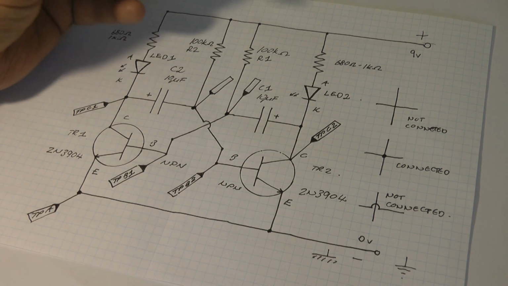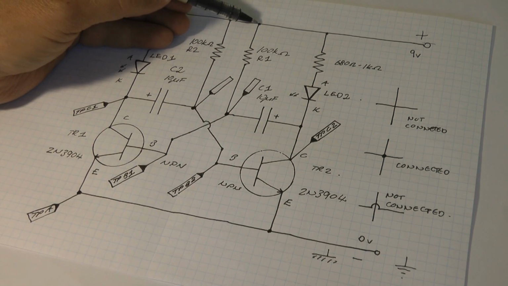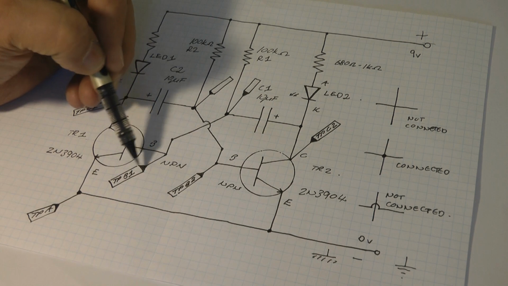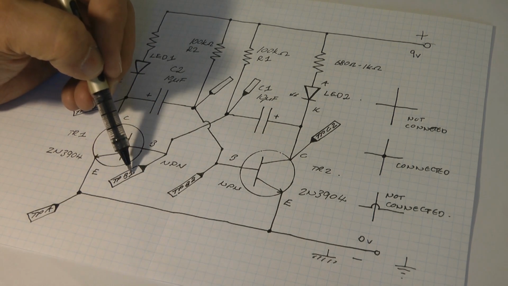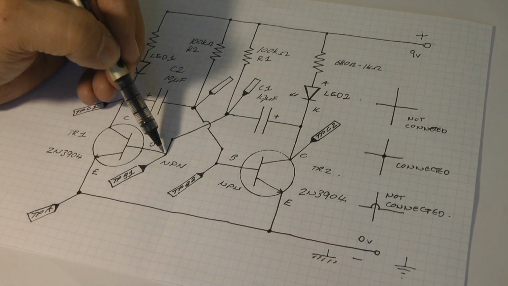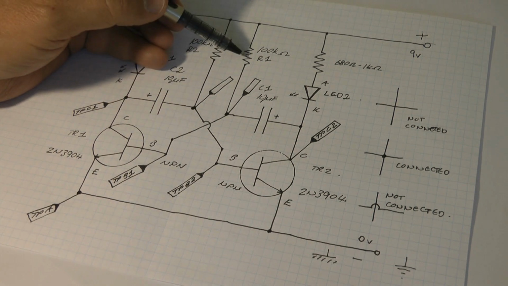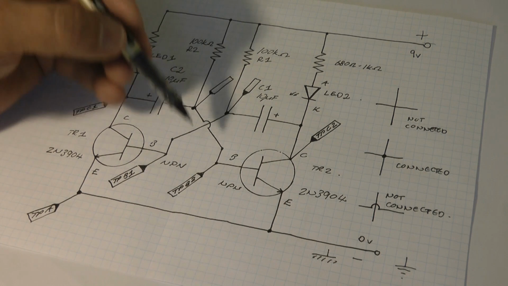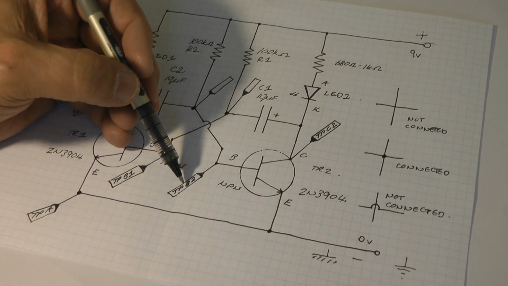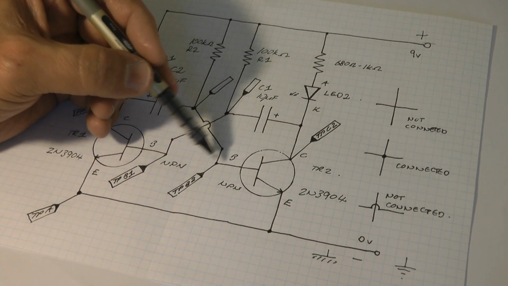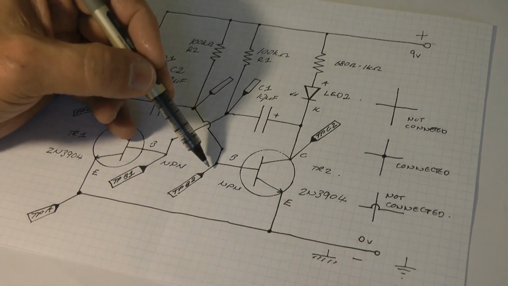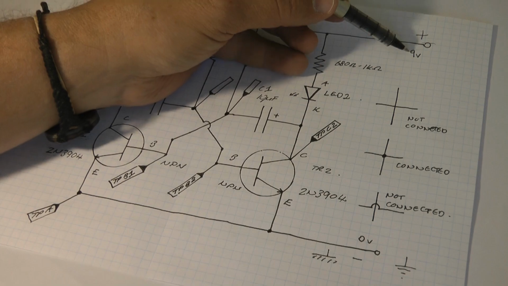And what happens is this point here, which is the same as test point on B1, starts to charge up through this resistor to 9 volts. At the same time, test point B2, test point base 2, which is the same as this test point, starts to also charge up to 9 volts.